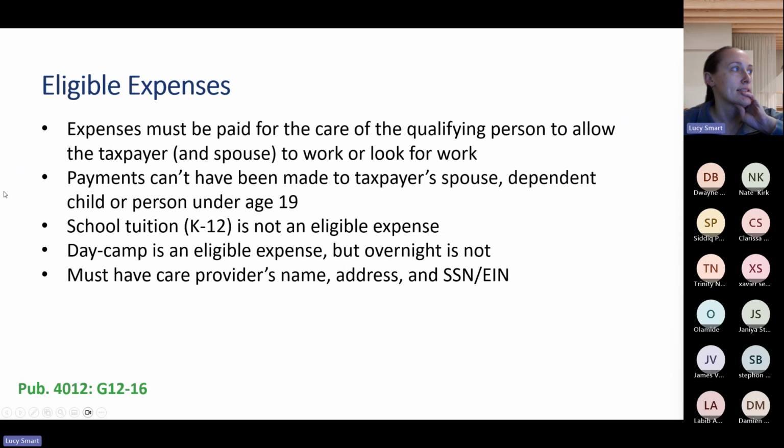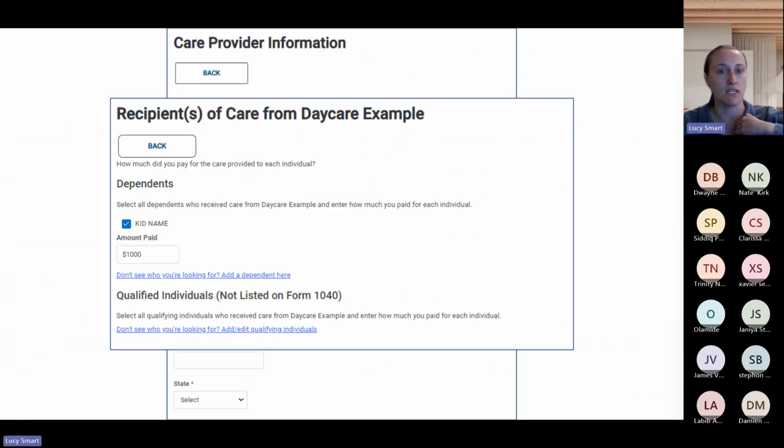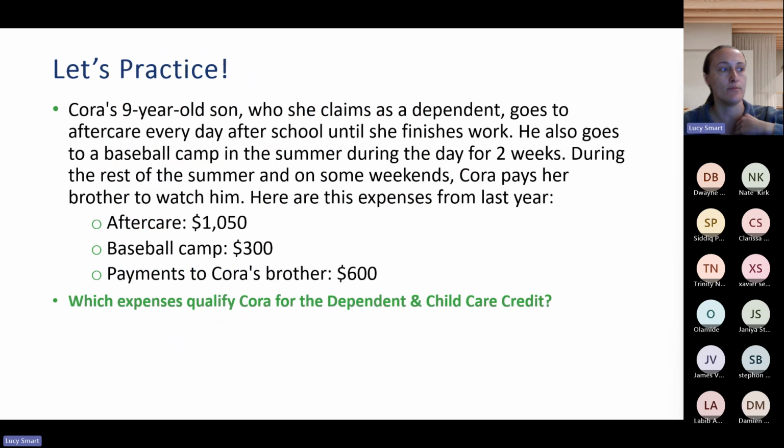We've got, they have to be paid for the care of the qualifying person to work or look for work. Yep. They can't be made to the spouse, dependent, child, or their child under 19. School tuition, no. Day camp is an eligible expense, but overnight is not. So does the baseball camp that's during the day count? That's right, James and Trinity. It does. Oop, I just showed you the answer.